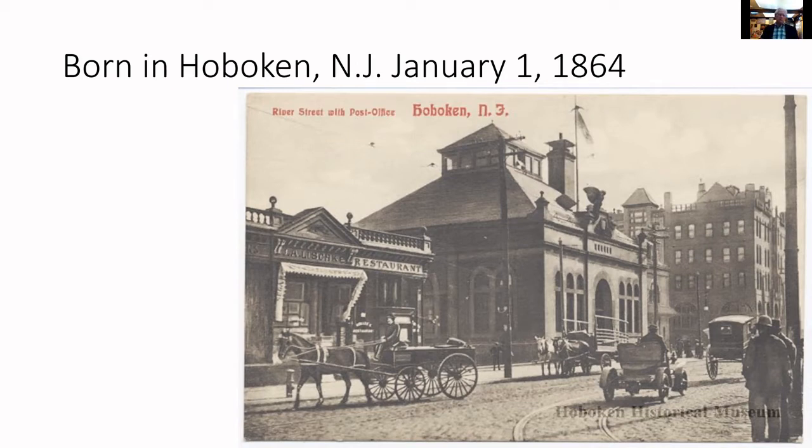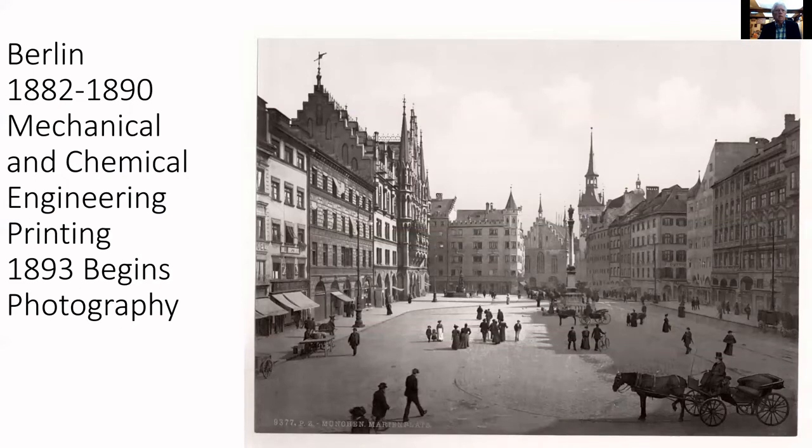He supported artists, he supported his family. He basically bankrolled most of Alfred's business ventures and commercial ventures and artistic ventures, which enabled him to live the way that he did.